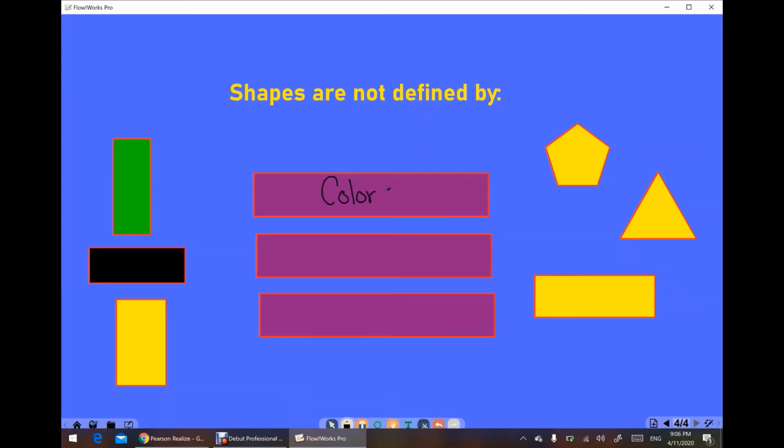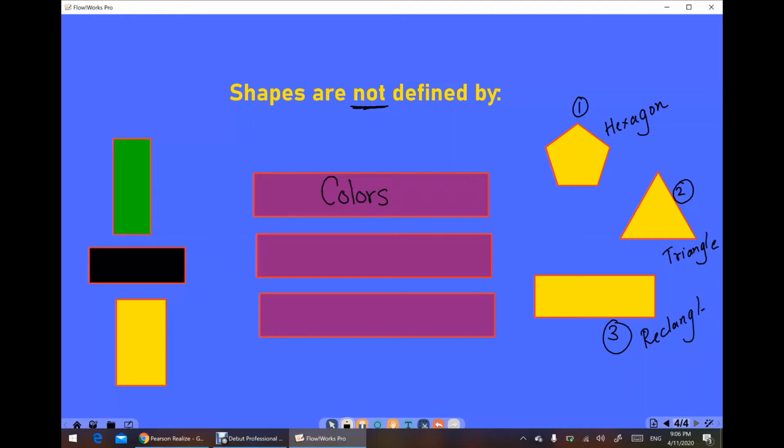If the colors are the same, it doesn't mean they are all the same shape. Now you can see here number 1, number 2, and number 3. Do you think these 3 shapes are all the same? This is a hexagon. This is a triangle. And this is a rectangle.